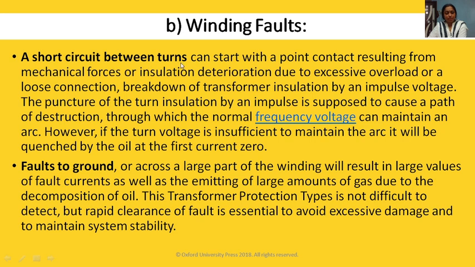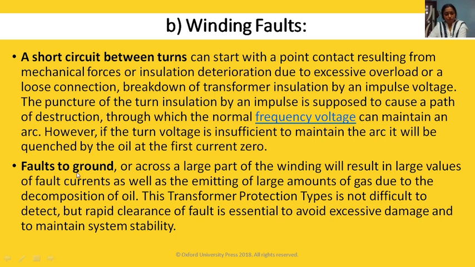A short circuit between turns can start with a point contact resulting from mechanical forces or insulation deterioration due to excessive overload or a loose connection, breakdown of transformer insulation by an impulse voltage. Okay, so this short circuit between turns will also cause a fault in the transformer. These are all internal faults.